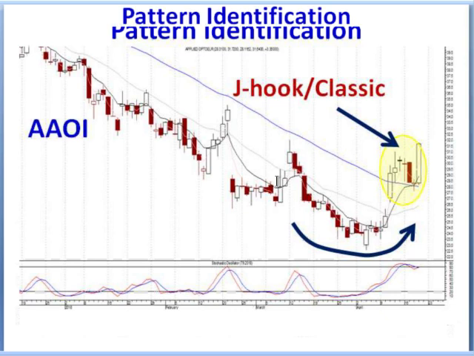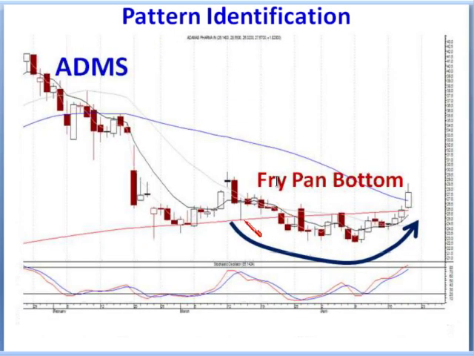So the reason we're pointing these out is if we can identify the different patterns, like the fry pan bottom in ADMS today, and a close above the 50, most investors don't know what a fry pan bottom is because they don't study candlesticks. But most investors are watching to see what happens at a resistance level like the 50.